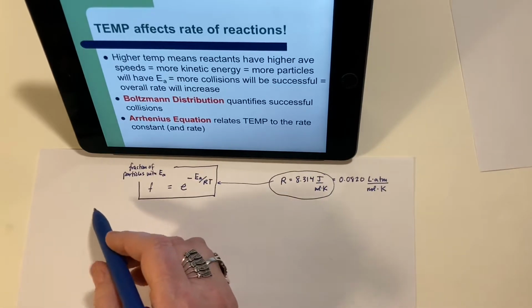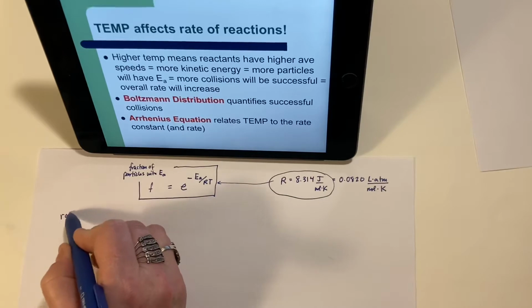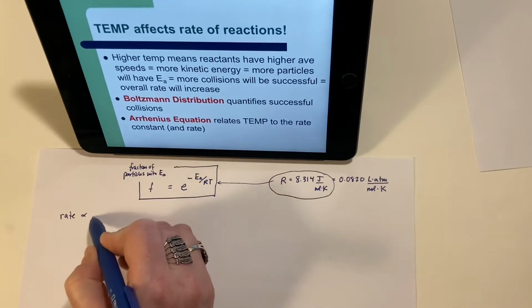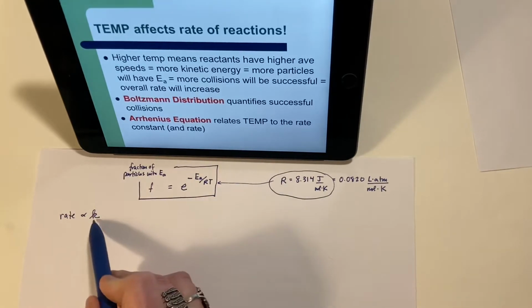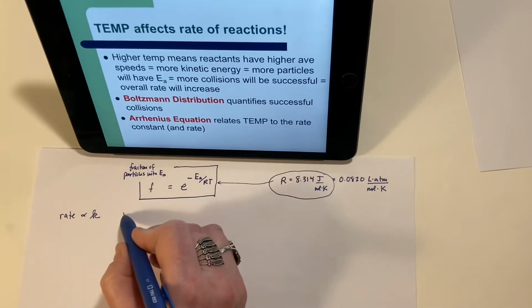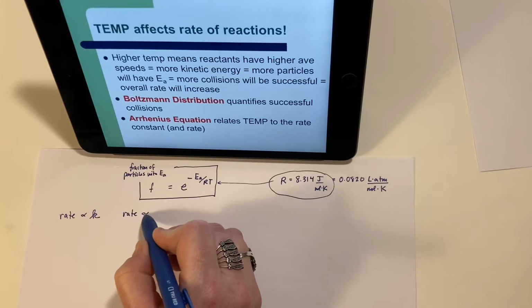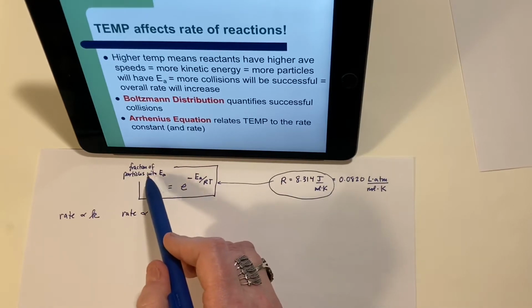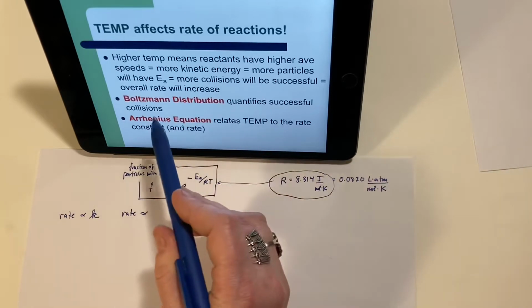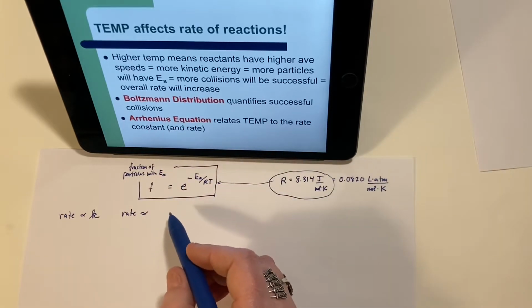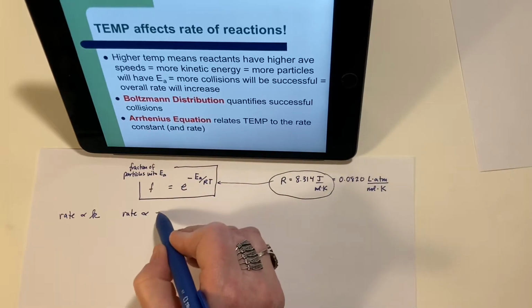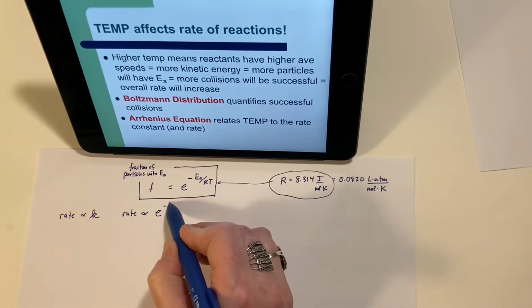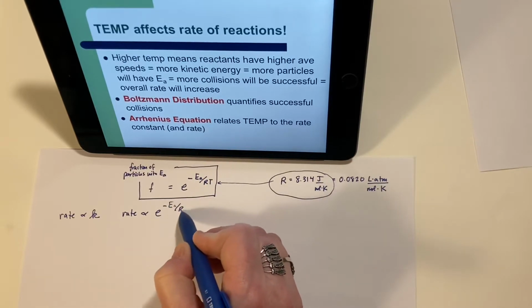Let's see. We know that the rate of a reaction is proportional to a rate constant. I mean, that's a rate proportionality constant after all. We also know that the rate of a reaction is proportional to the number of successful collisions. Well, the Boltzmann distribution quantifies the number of successful collisions. So rate is proportional to e to the negative E_a over RT.